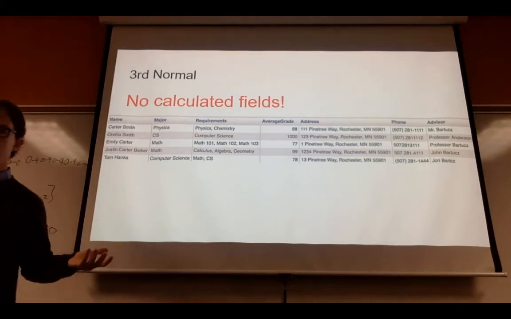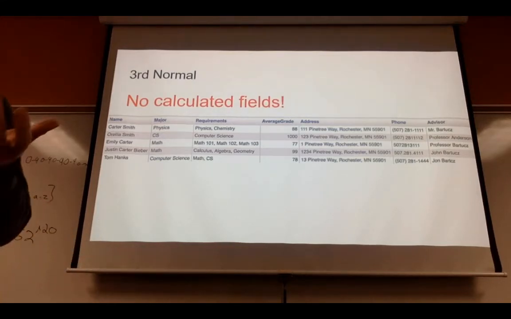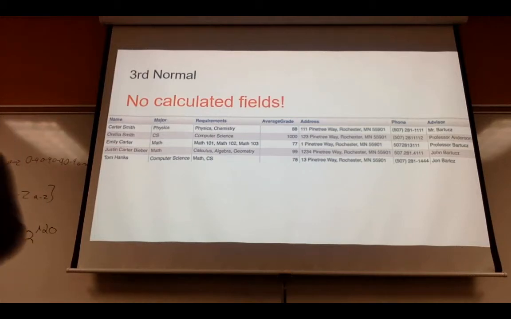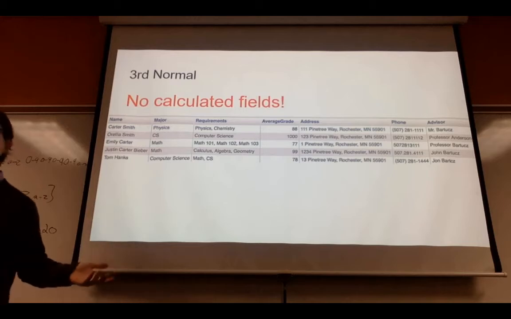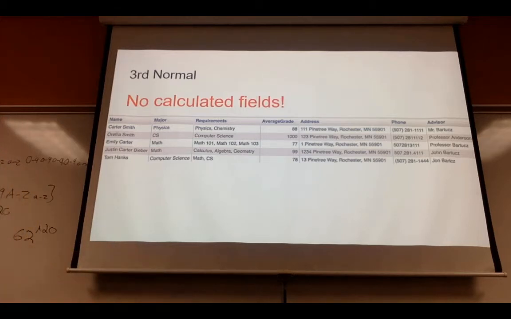If this is a financial company, your profit and loss is never going to change once the day is over. Yeah, you might occasionally have to go in and fix something, like, I typed in a trade wrong.